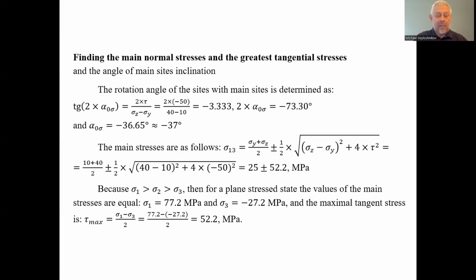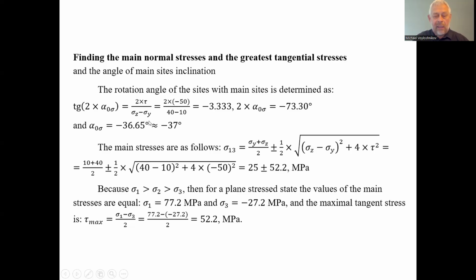The rotation angle of the main sides is determined by the formula from article 7.3: tangent of two alphas. We can find it from the assigned tangential stress and the two assigned normal stresses.